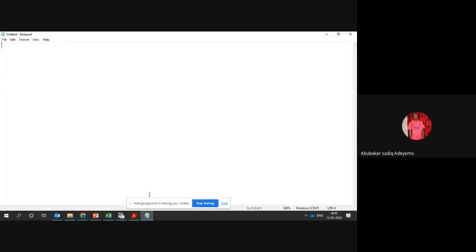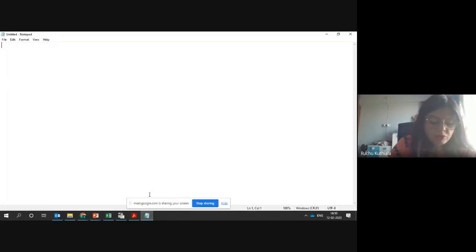Yes, ma'am. So how to calculate IBW, that is the ideal body weight, that would be height in centimeters minus 100 if that person is a man, and it would be height in centimeters minus 105 if it is a woman.